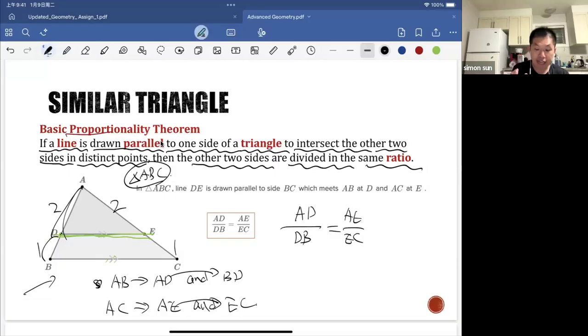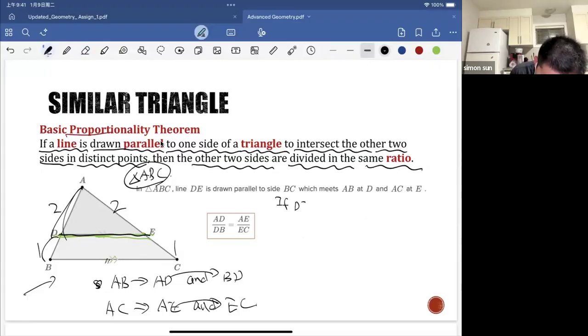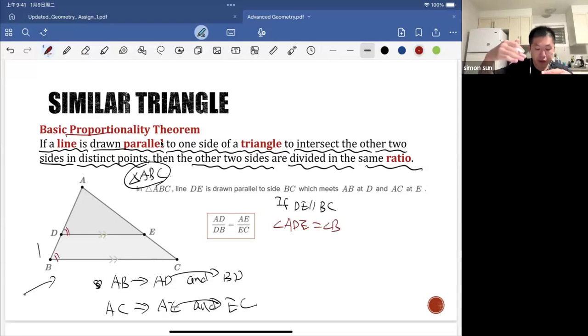Okay, and why is that? It's still based on similar triangles. Look here, because DE is parallel to BC, the angle ADE will be equal to angle B. Because DE is parallel to BC, and you have a line crossing both DE and BC, the angles will be the same.